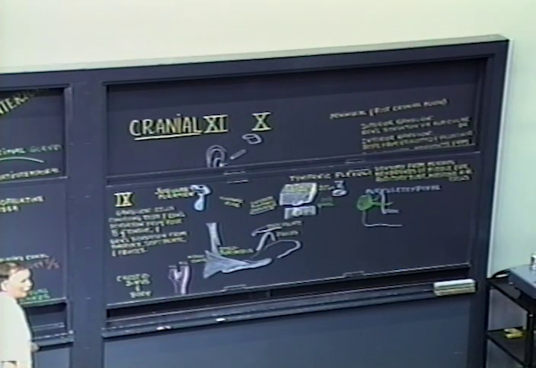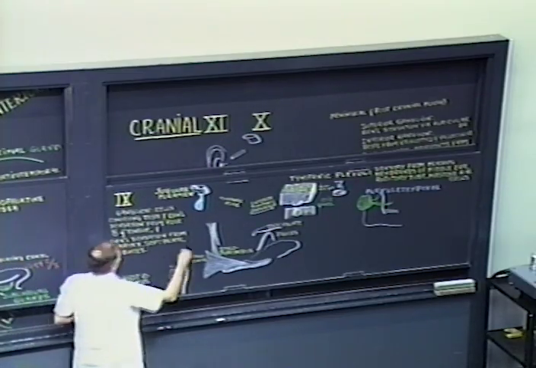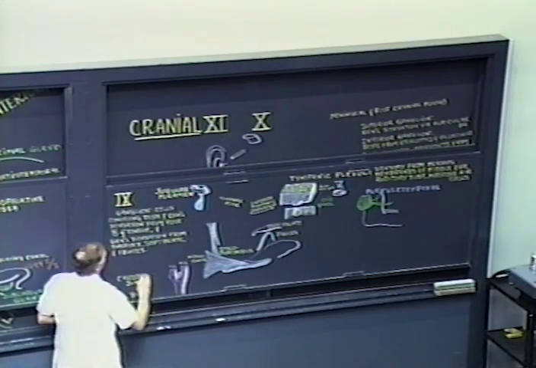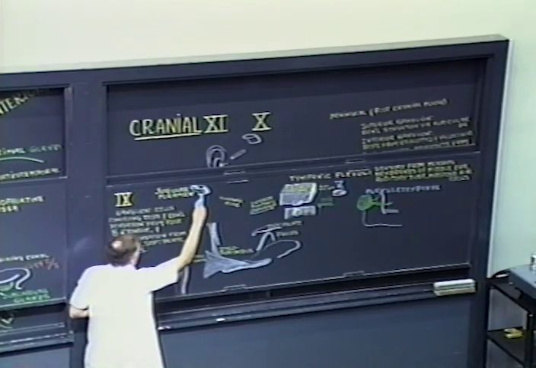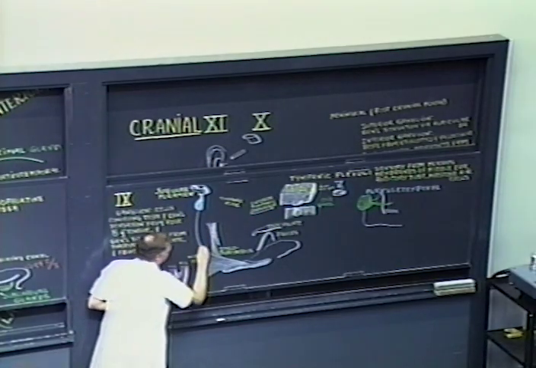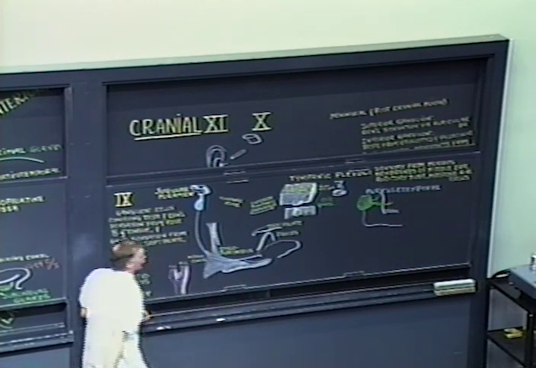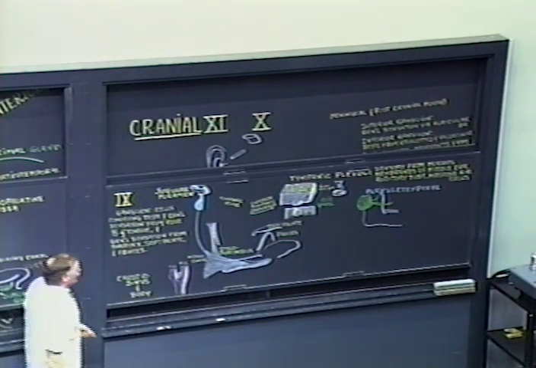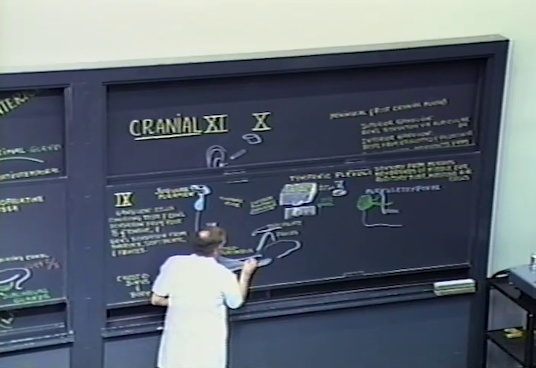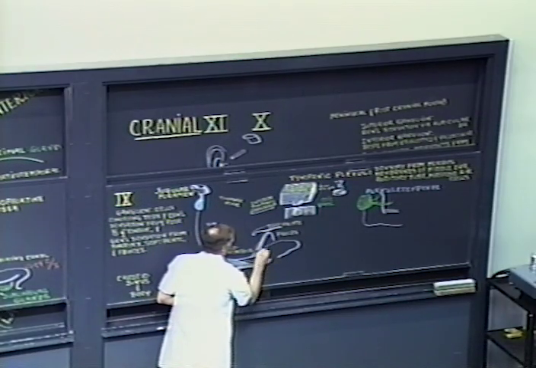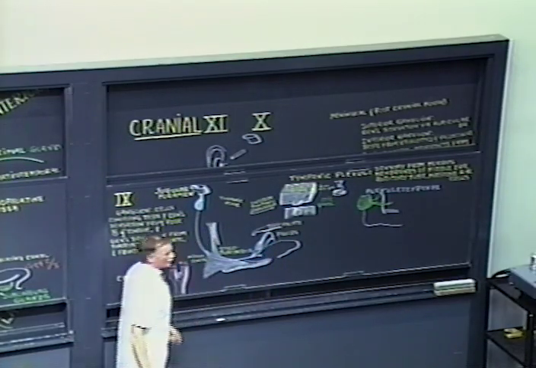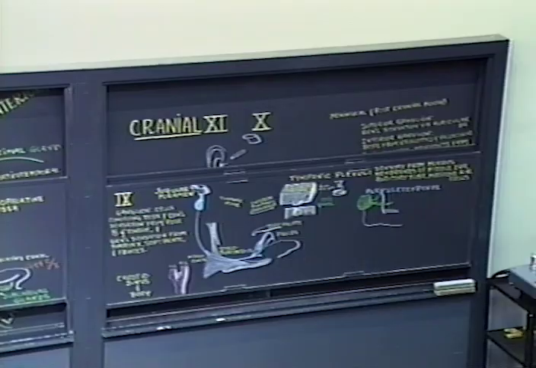And in this ganglion are cells conveying general sensation. Let's talk about that. General sensation from the posterior third of the tongue. So there's the posterior third of the tongue. And from the fauces, now these fauces, remember, are the little arches that flank the tonsillar bed.